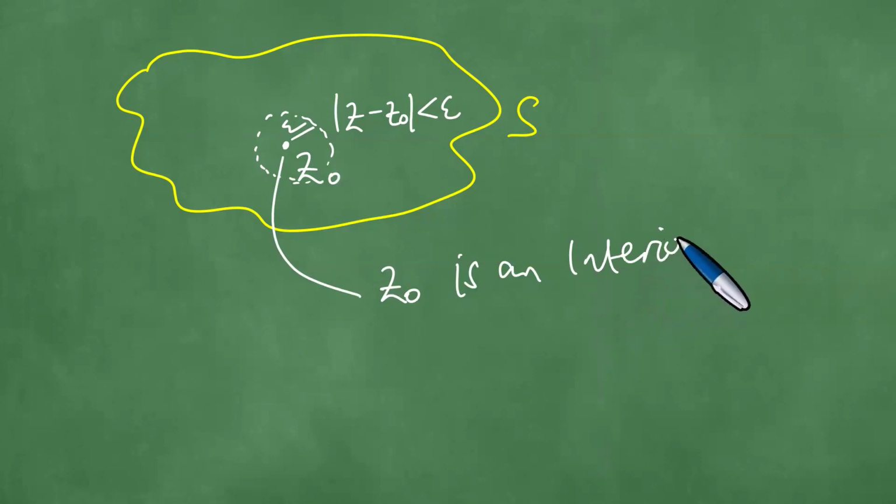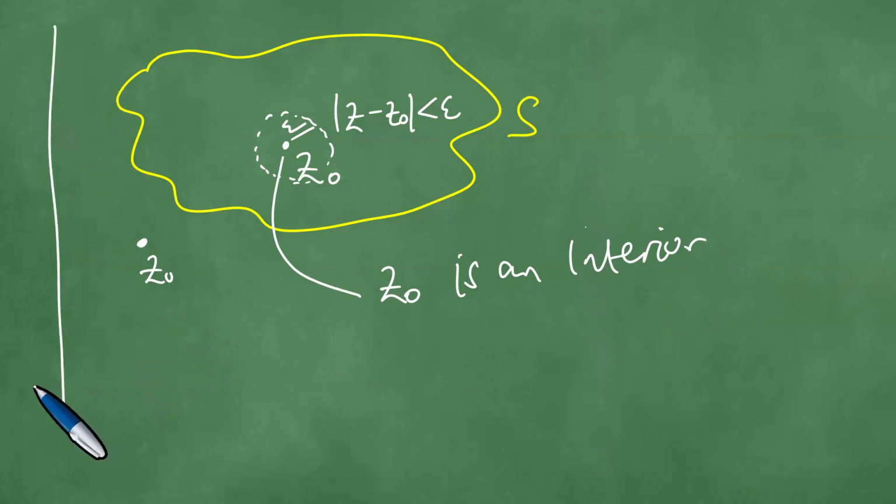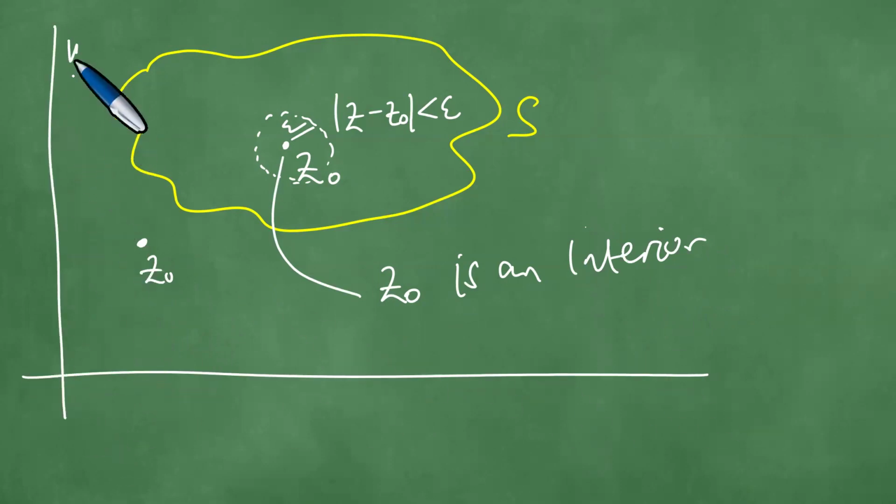But obviously, you can have an exterior point. How do you characterize an exterior point? So you can have a point there in the plane, such that you can have some small neighborhoods.